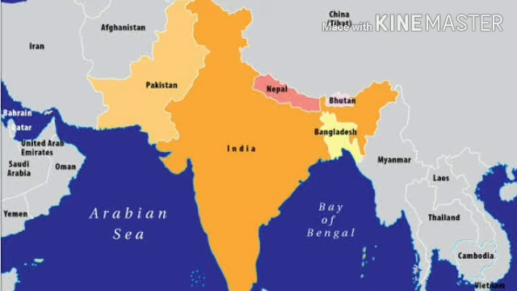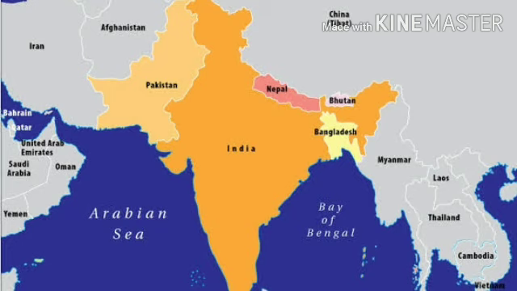Mahanadi, Godavari, Krishna, and Kaveri are the major east flowing rivers and drain into the Bay of Bengal.